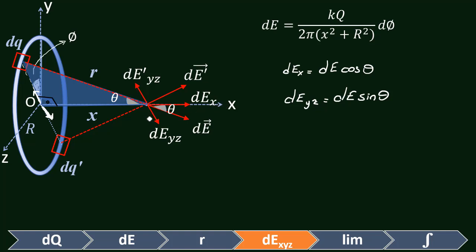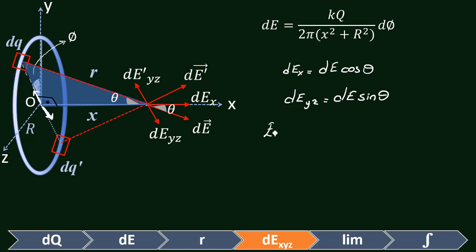And if you can see this, imagine this in 3 dimensions, this dEyz component of the vector dE is opposite to dE prime yz. They will have opposite directions, and they will have the exact same r, same dq, so they will have the same magnitude but opposite directions.